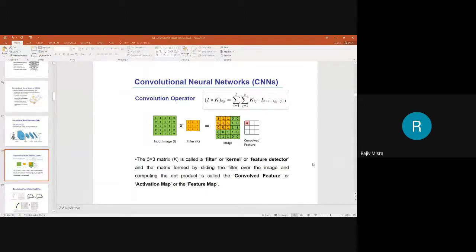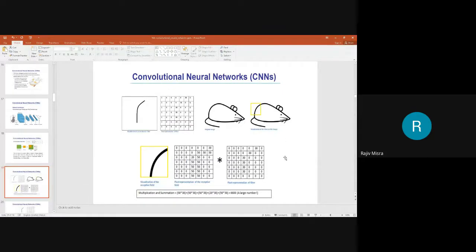So in the first row it will become 1, in the second row it will become 1, and in the third row it will become 1. So there are 3 ones. So the value of this convolved feature just beside means after 4 it will come 3 and so on. So this particular operation can be performed.